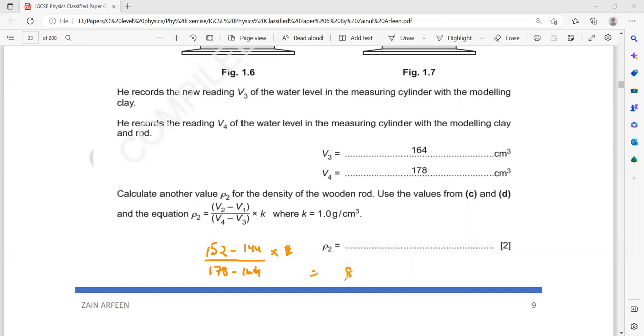So that is 8 divided by 14 times 1. What's the value for the second density? 0.57. And the unit again will be gram per centimeter cube. So 0.57 gram per centimeter cube.